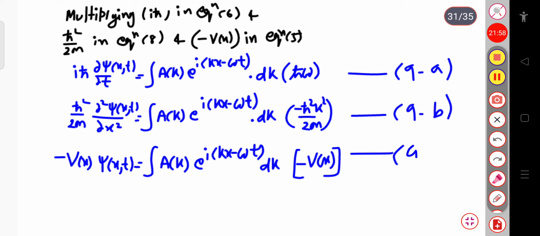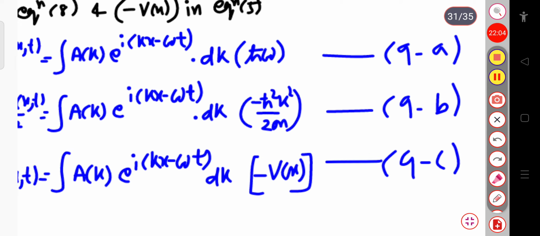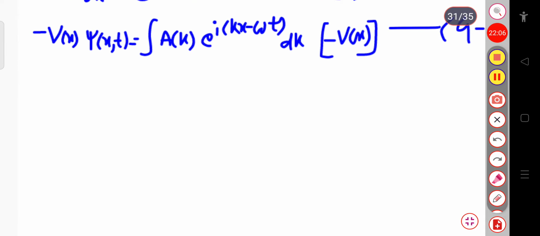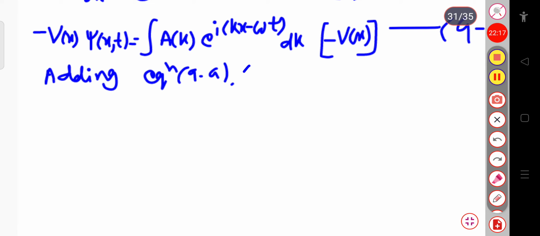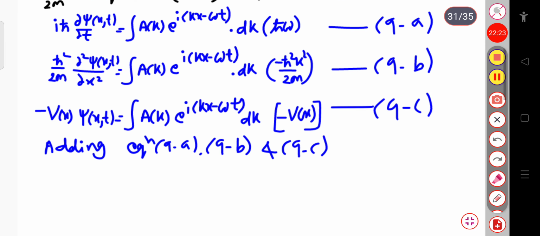Now if we add these three equations, adding 9a, 9b and 9c, what will we get? On the left-hand side, I will first write the left-hand side term, then the right-hand side term.